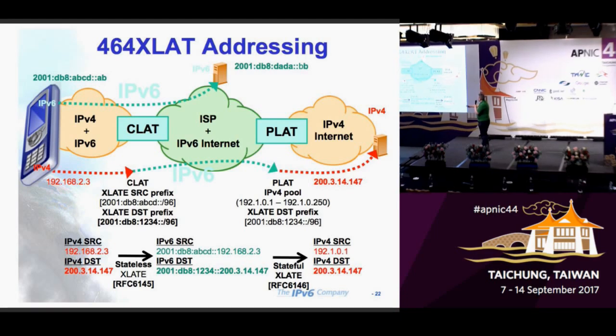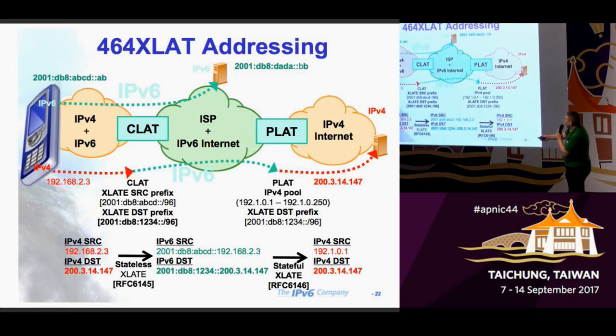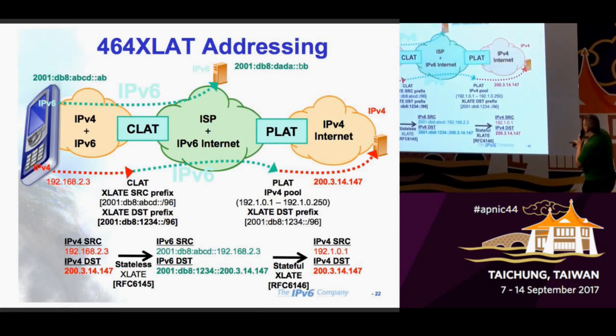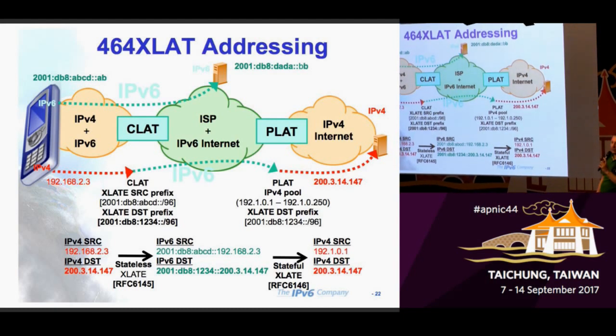So let's suppose we have this device with this address, 192.168.2.3, okay? And this device wants to access this server, which has address 203.14.147. So what happened is that in order to make the CLAT work, you need to define what we call the source prefix, okay?